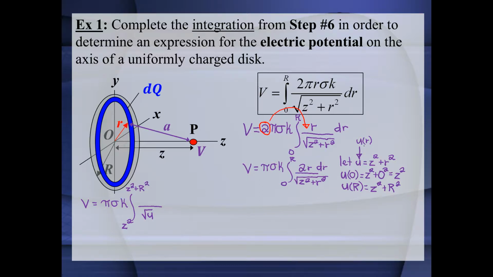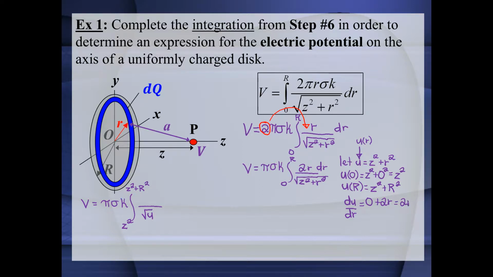Now, the other thing I'm going to do is this equation that I did the substitution for, u, which is equal to z squared plus r squared, I'm going to take the derivative of this with respect to r. So I'm going to figure out du with respect to r. Okay, so the derivative of u with respect to r would be, well, the derivative of z squared would just be a constant, so we can ignore that. That would just be 0. And the derivative of r squared with respect to r would just be 2r.